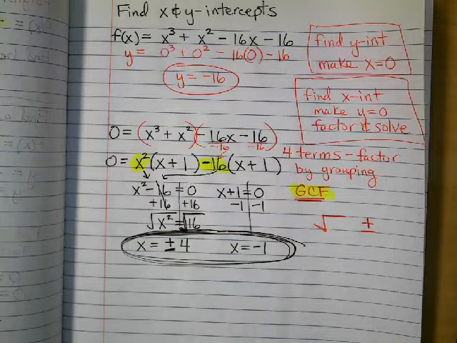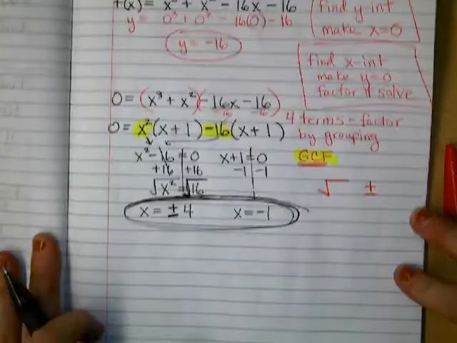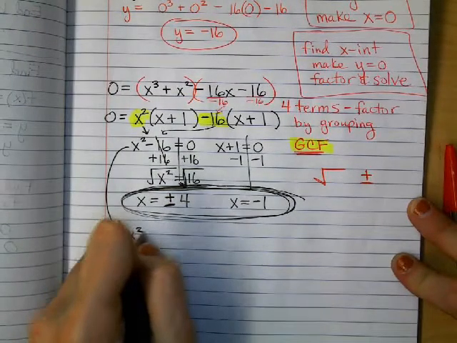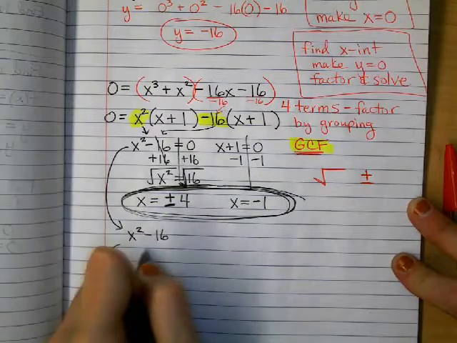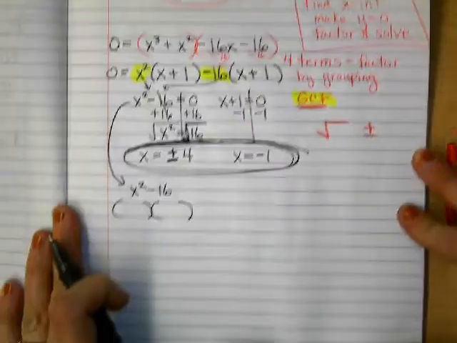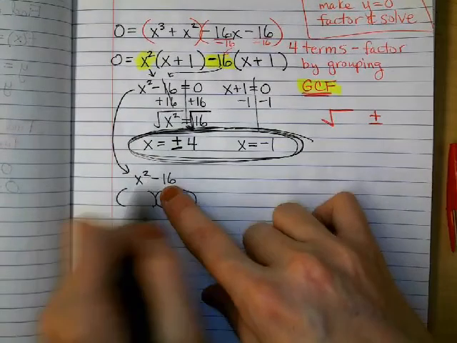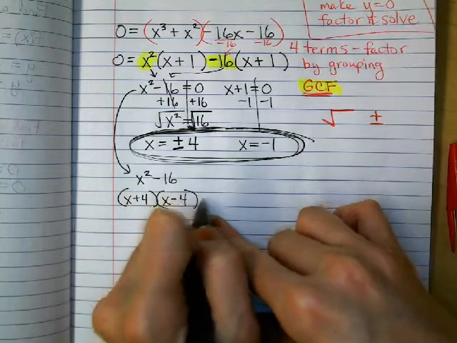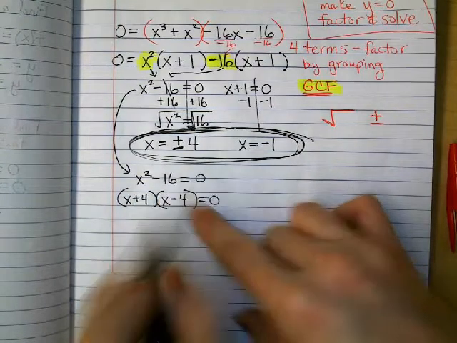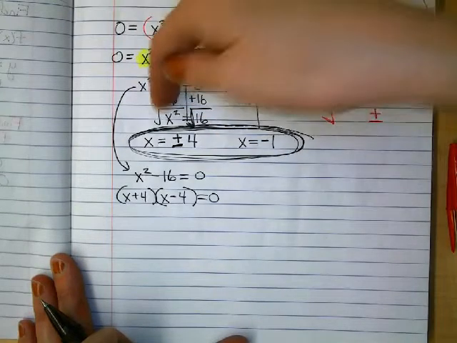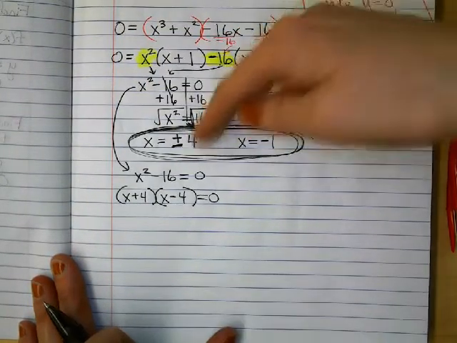Or another way you could think about this, this x squared minus 16, you can actually factor it some more. It's a perfect square. It's a difference of squares. You could factor that into x plus 4, x minus 4, you guys. So if you don't like the method of adding 16 and taking the square root and getting plus or minus, it's the same as breaking it into these two things.